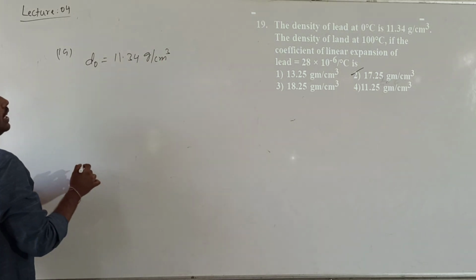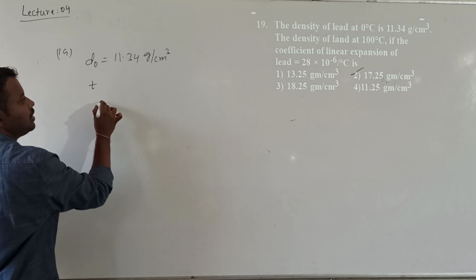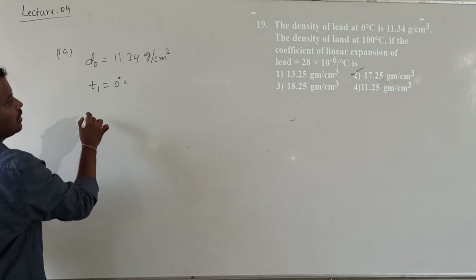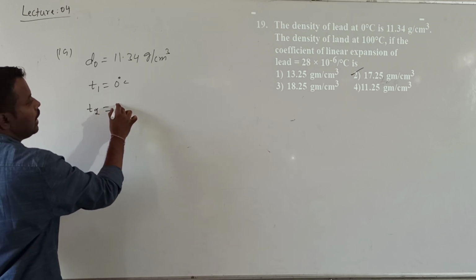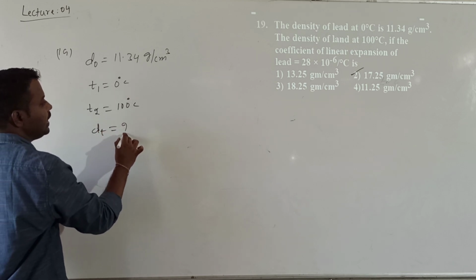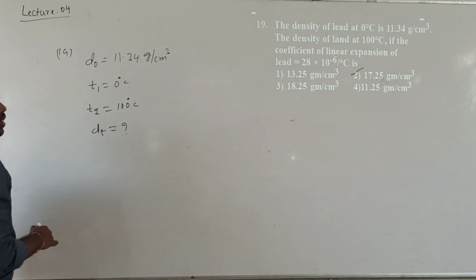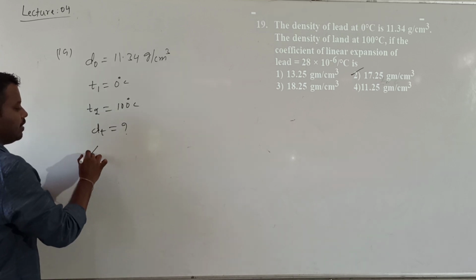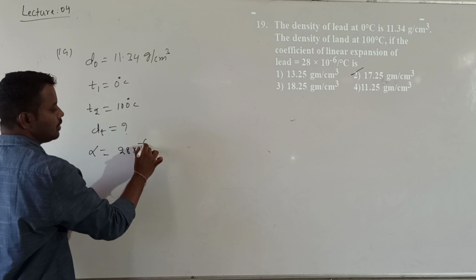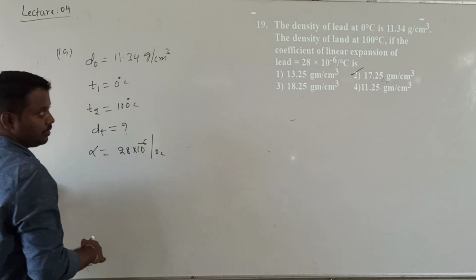They are asking us to calculate the density at 100 degrees Celsius, where T1 is 0 degrees Celsius and T2 is 100 degrees Celsius. The coefficient of linear expansion is given as alpha equal to 28 into 10 power minus 6 per degree Celsius.